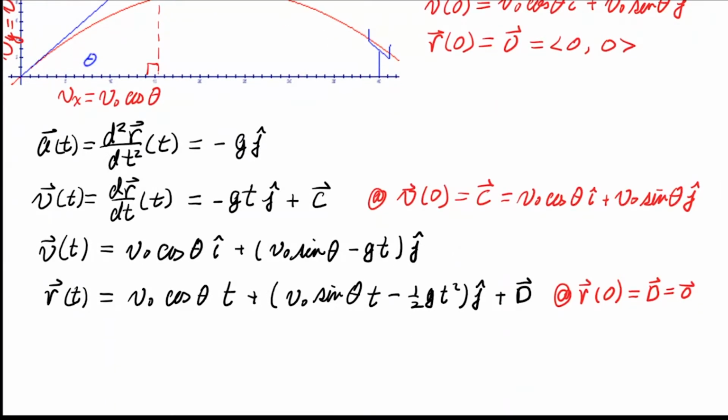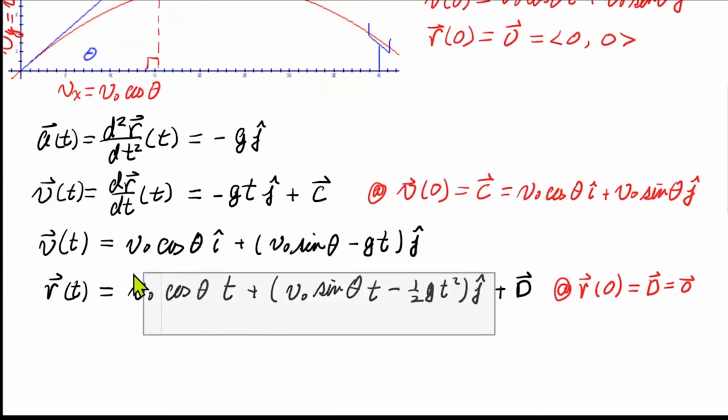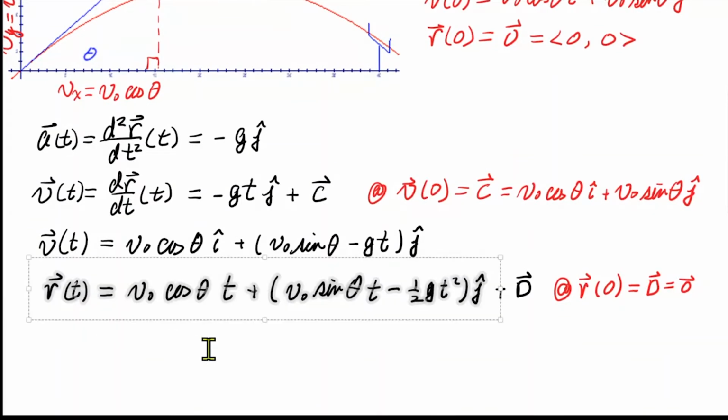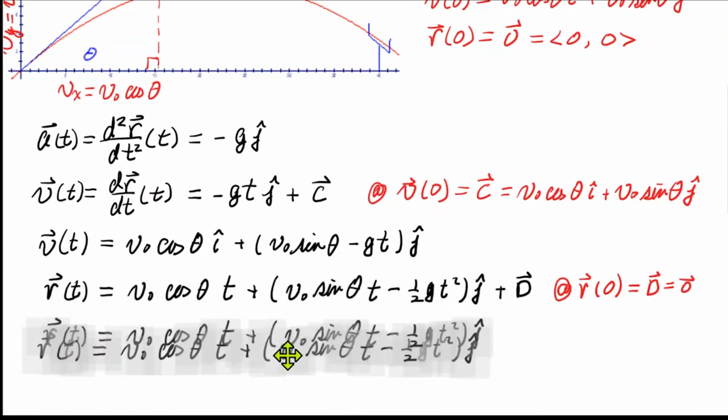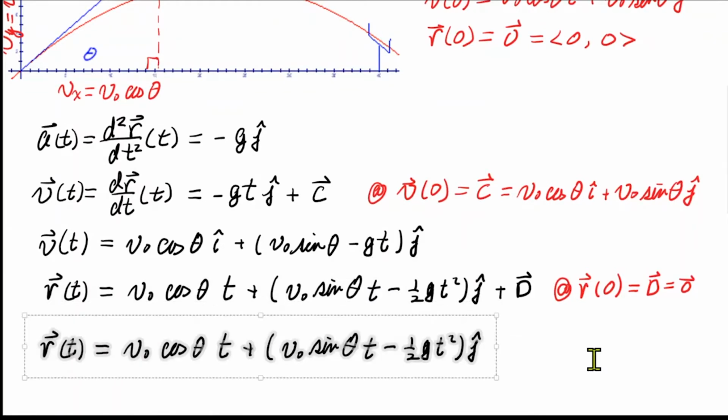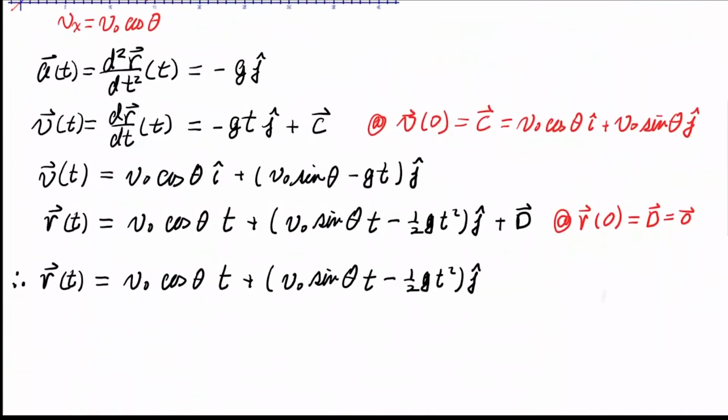Therefore, our projectile motion happens to be this. It's a computer, so I can do this. This is our projectile motion. Kara says I think you forgot the i after the cosine theta t.